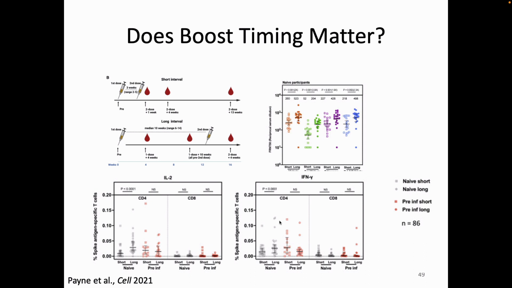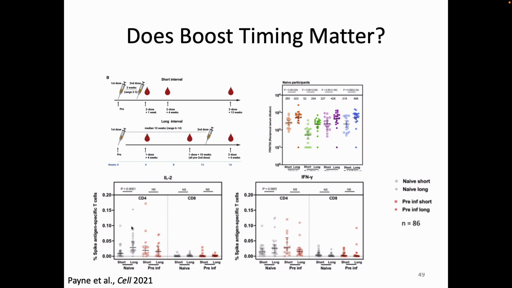Look at the antibody response, short versus long. You can see that that long interval actually does give you a better antibody response. This is especially so with the CD4 response, and the gray is more important here than the red. You can also see the T cell response is actually better with the long interval if you do allow those cells more time to really differentiate into memory cells. And so that is part of this timing.